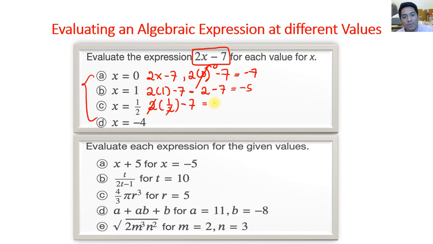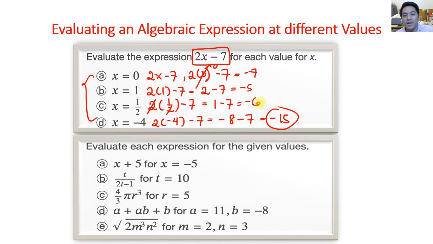So you have 1 minus 7. So this must be negative 6. And x equals negative 4. So you have 2 times negative 4 minus 7. Negative 4 times 2 would be negative 8, minus 7. We add these negatively: negative 8 minus 7 is negative 15.